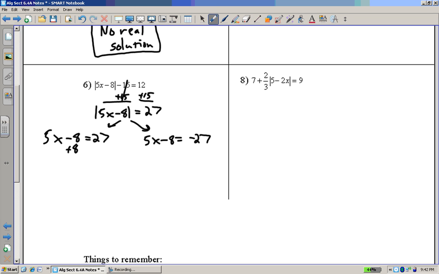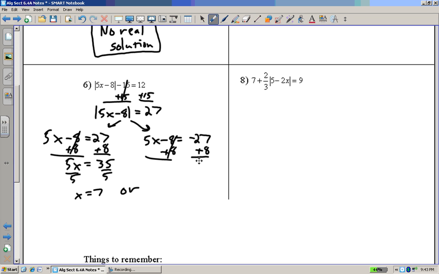We're going to add 8 to both sides. 5x equals 35. We're going to divide by 5, and x equals 7. Or add 8 to both sides. We end up with negative 19.